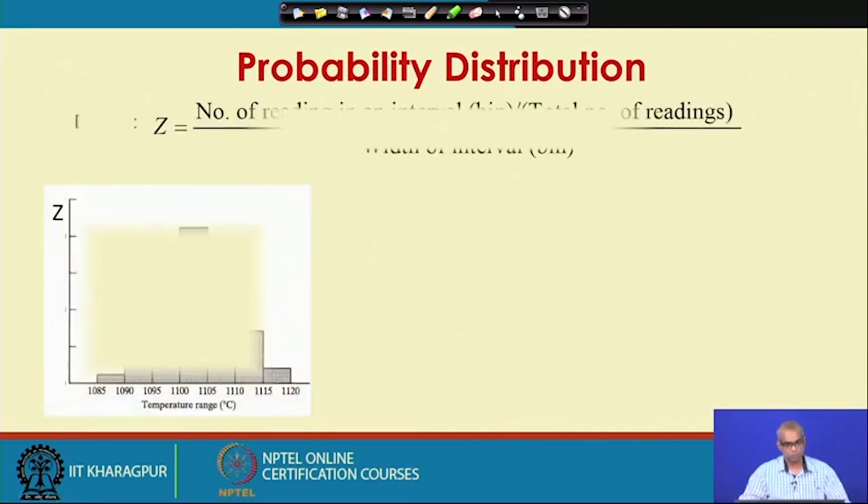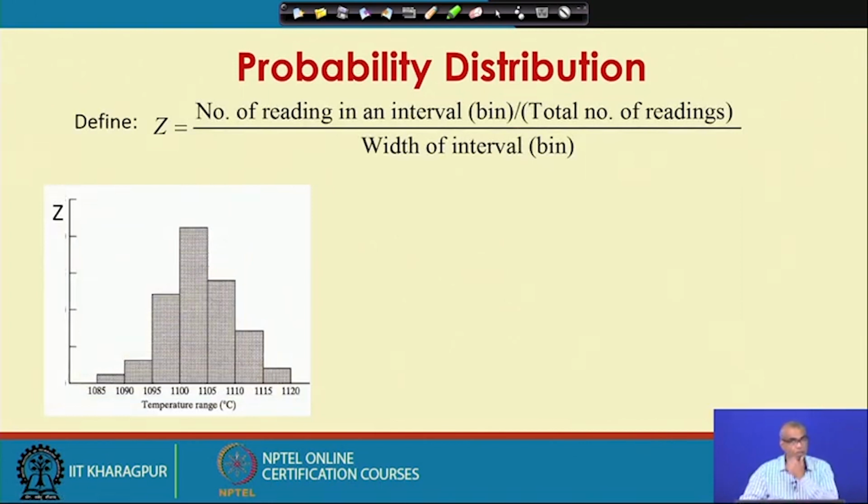Now, let us define a term Z, which is as follows. I find out the number of readings in each bin or interval, whatever you call it, divide that by the total number of readings and divide that by the width of each bin or interval.